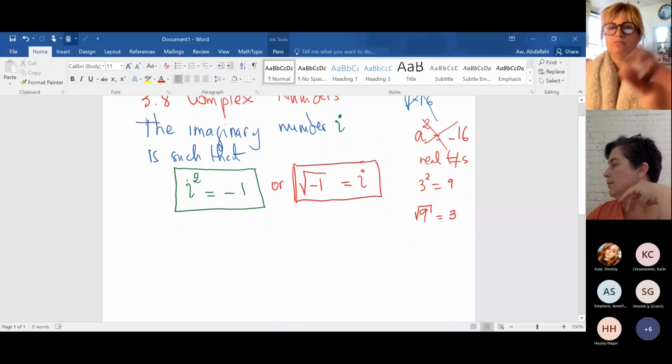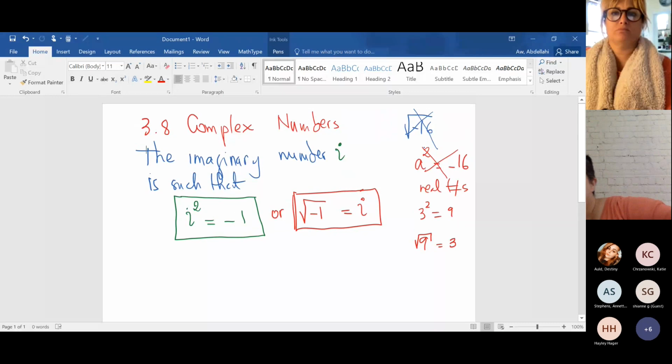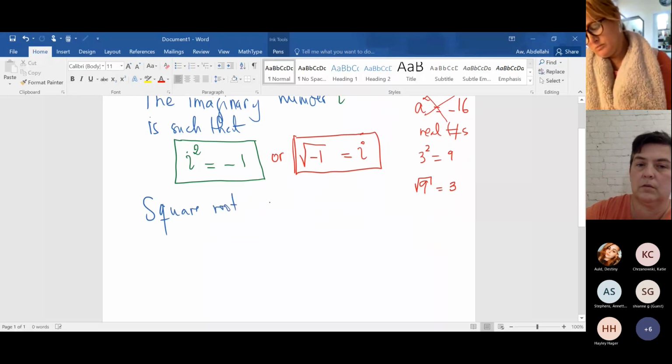So now, because we know i is the square root of -1, we're going to come back to what my calculator was telling me does not exist, which is the square root of -16. Now I'm going to use the new definition to calculate that. So we're going to do the square root of a negative number.